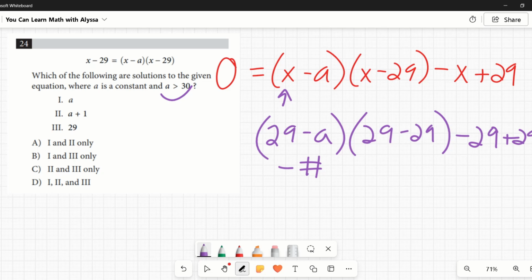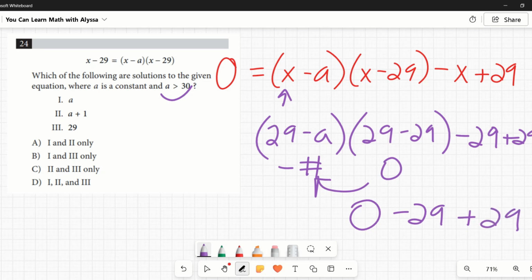But this 29 minus 29 is 0. So 0 times this negative number is going to be 0. And then it's minus 29 plus 29. 0 minus 29, then plus 29 is just 0. Okay, so 29 works. So already I know A is out. That says 1 and 2 only. It must be B, C, or D.